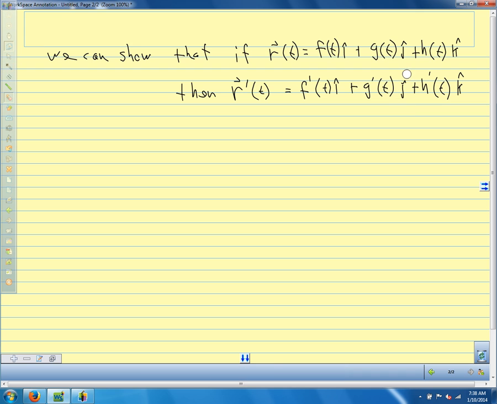So nothing really complicated here. We just take the derivative component by component.